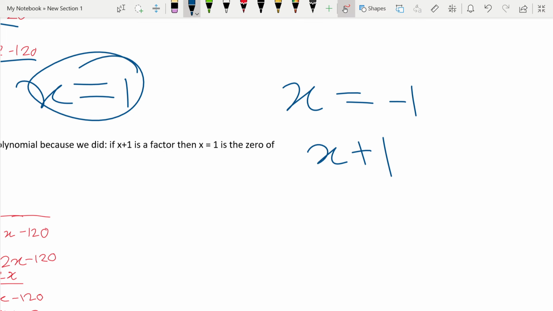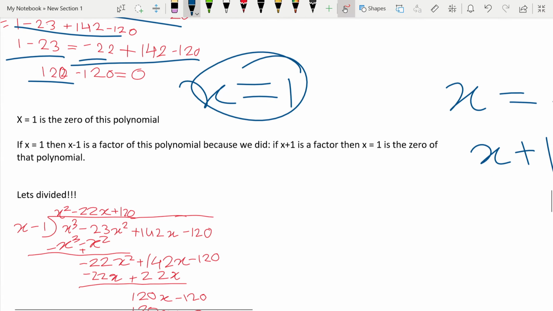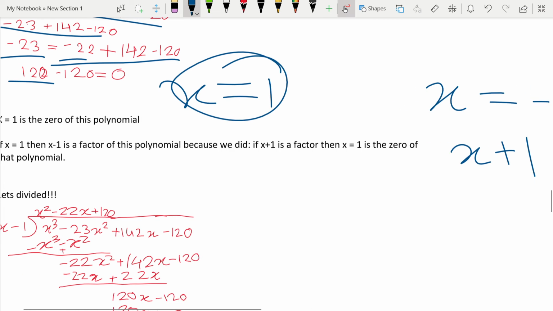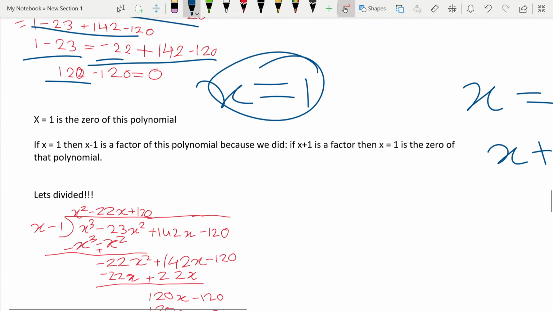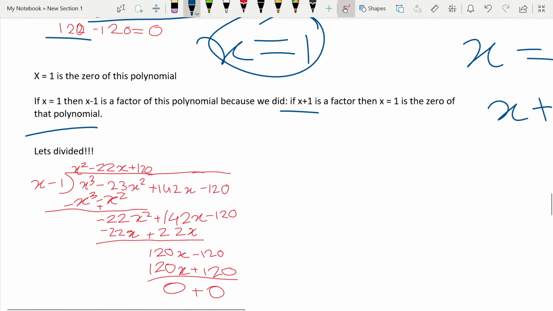So if we have x equal to 1, which is the opposite of minus 1, then we're going to have x minus 1 as a factor of this polynomial. Let's divide it. We're going to divide the whole polynomial by our factor.